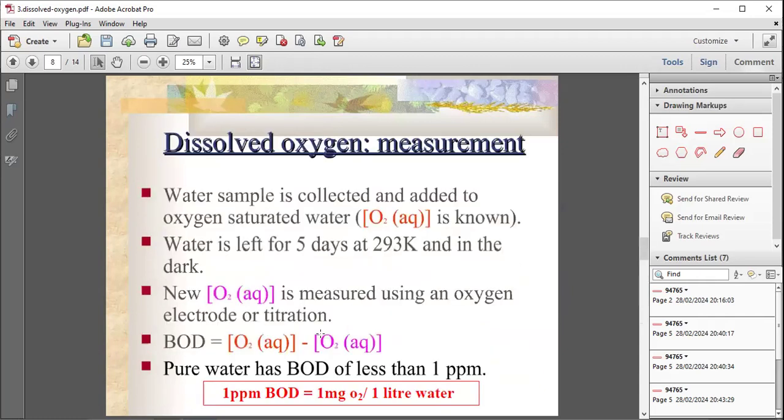So you understand dissolved oxygen, and BOD is the practical. You will see some video clips there that you can understand easily: how to determine the BOD level, the BOD test. You have the practical jar test and flocculation test; I will explain it.